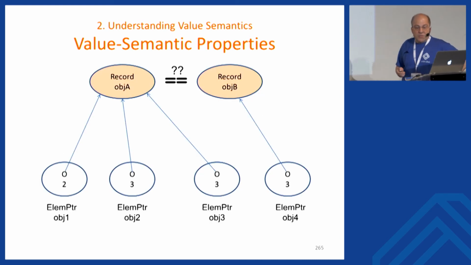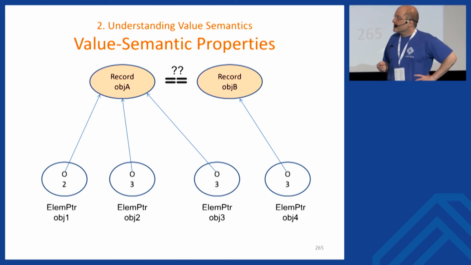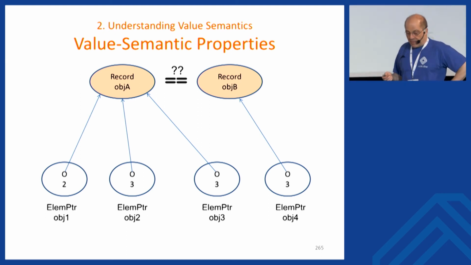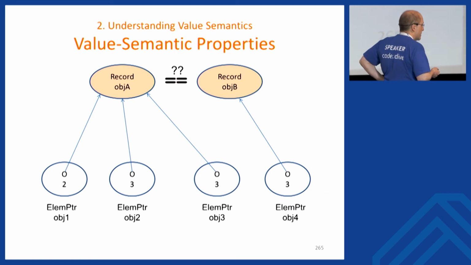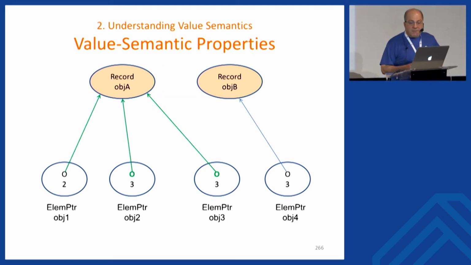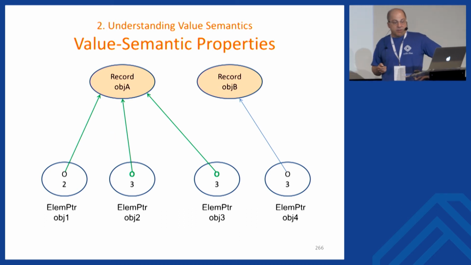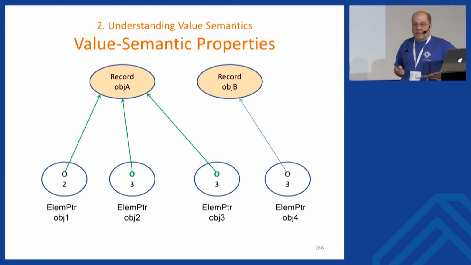So, are these two record objects equal? Does it make sense to talk about that? The answer is no. The record object might not be value semantic at all. It could be a lump of coal, for all I care. What's important is that it has the same address. So all of these things refer to the same record object. So objects 1, 2, and 3 are candidates for representing the same value.